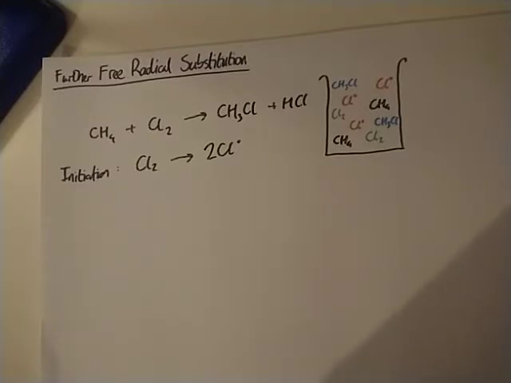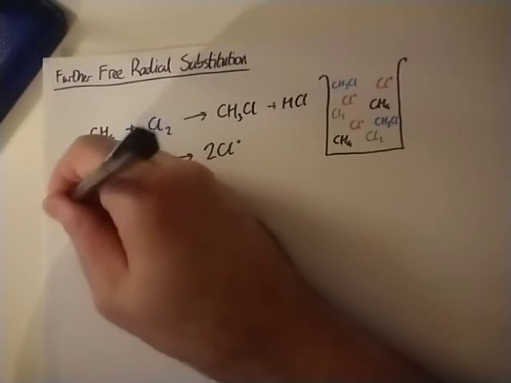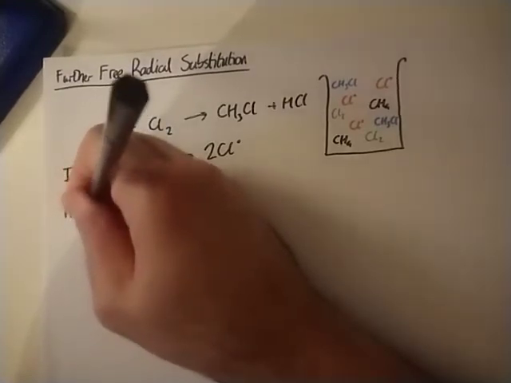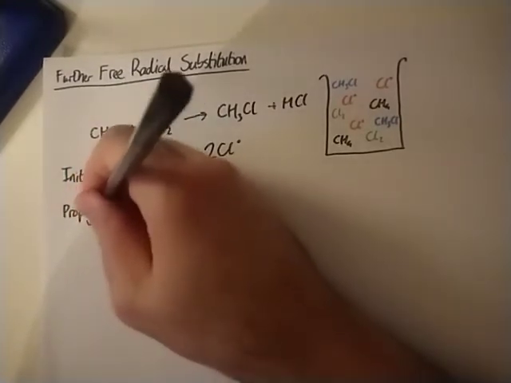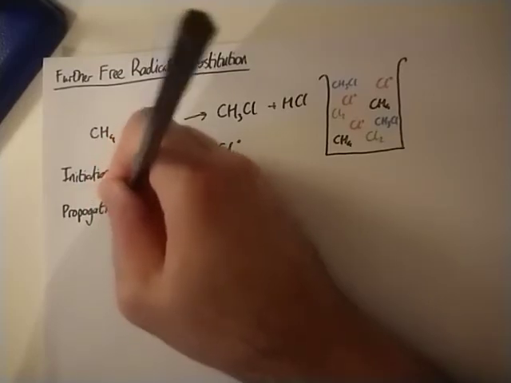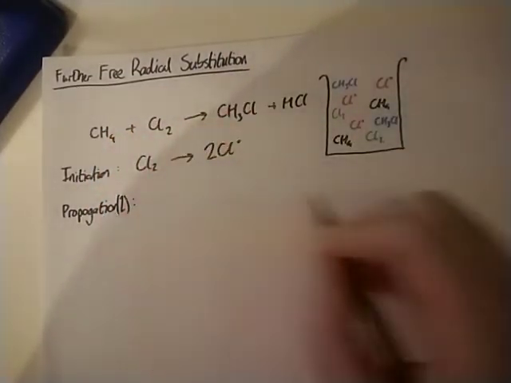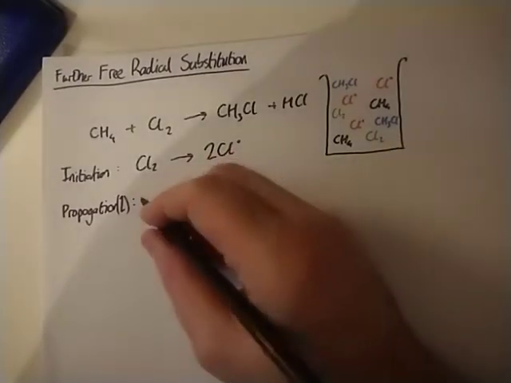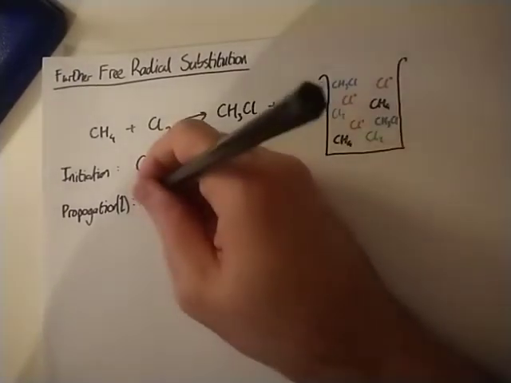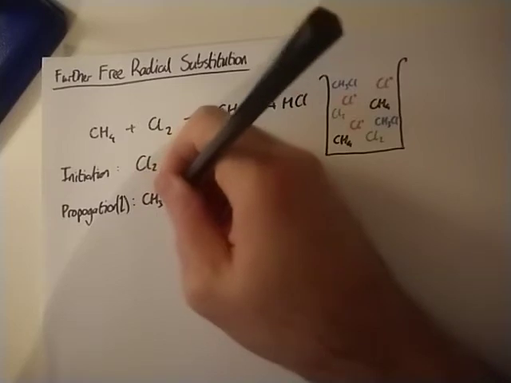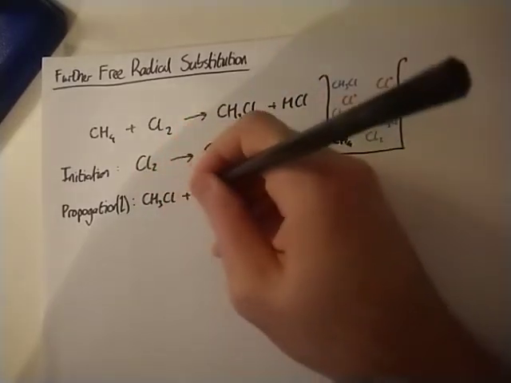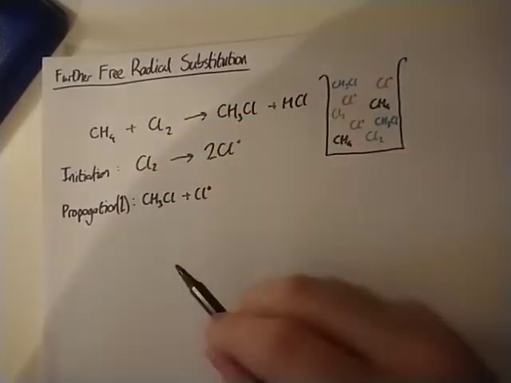So this time, rather than just substituting on one chlorine, in the propagation step, number 1, rather than having a methane react with a chlorine radical, we're going to have a chloromethane react with a chlorine radical.